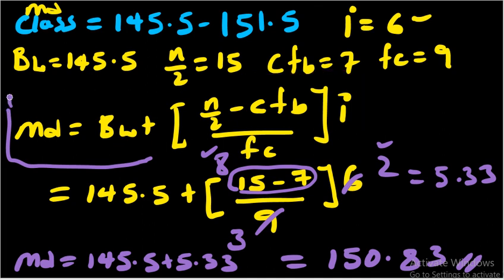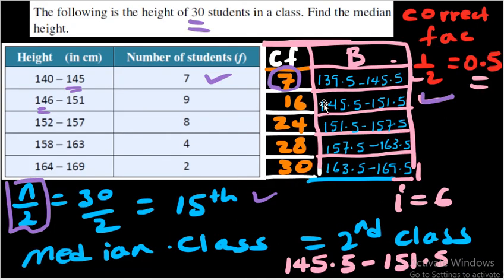BL plus, BL means the lower boundary of the class, plus, in big bracket, n over 2 minus the cumulative frequency of the before class over the frequency of the class times the interval. The interval means the gap in the given class interval. Then n over 2, total frequency divided by 2. Then CFB means the cumulative frequency of the before class. The class is already the second class. What is the cumulative frequency before it? That is 7, as you see here.